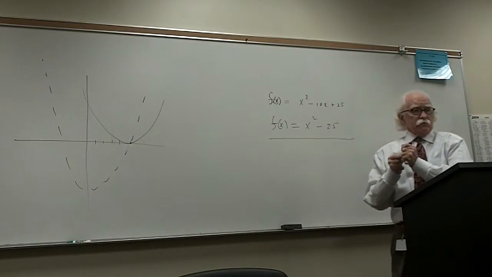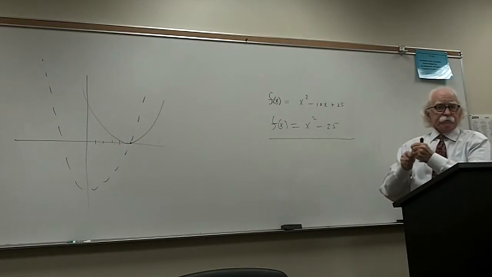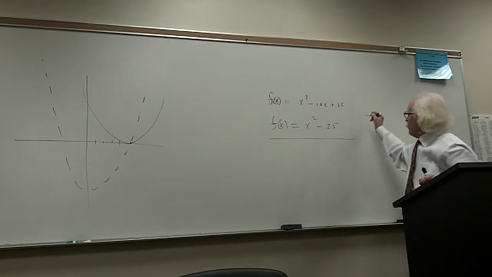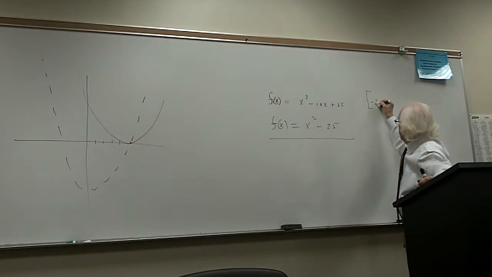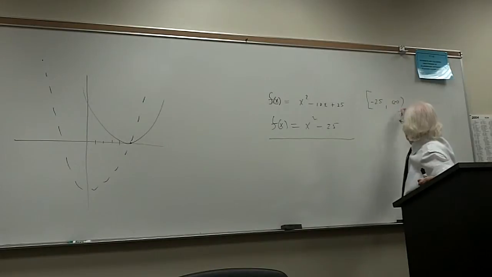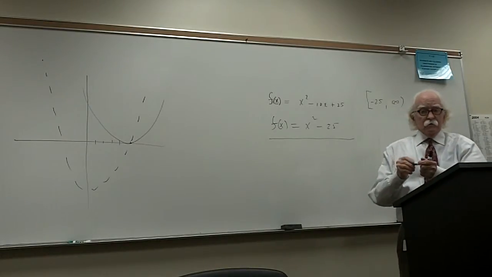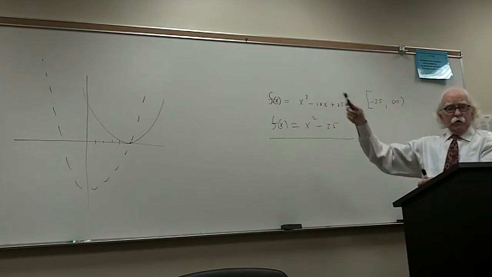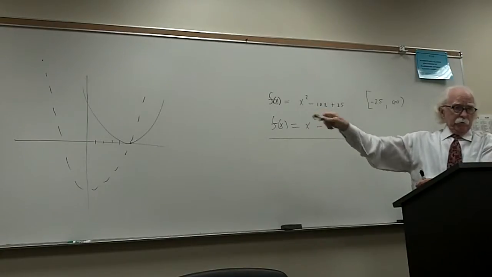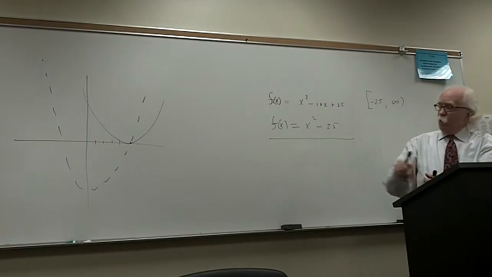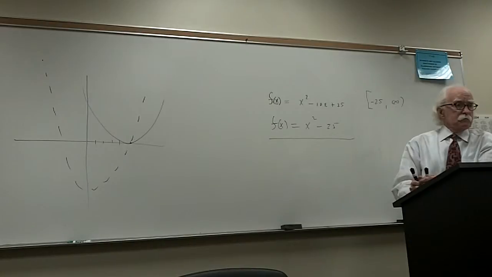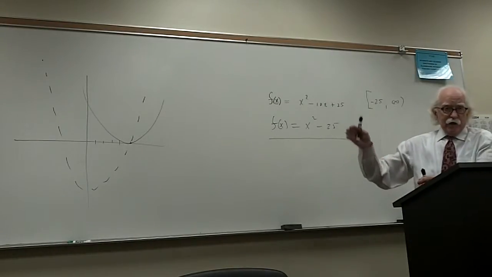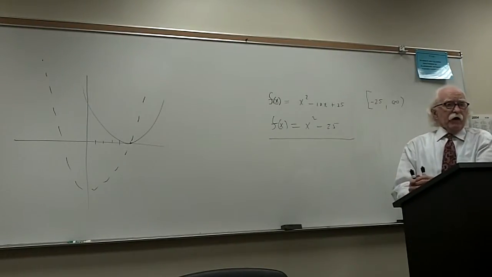What is the range? The range would have to be what? Minus 25 is the lowest number you will find on that picture over there. Y is never smaller than minus 25.